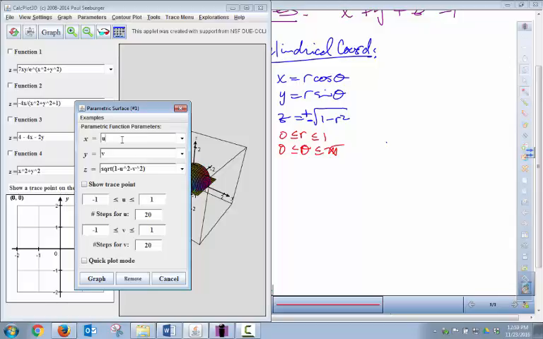So maybe I'll let r equal u. So this is u times cosine v, u times sine v, and then still the square root of 1 minus u squared, if u is equal to r. And I need to make my adjustments with the limits now. Now I have constant limits from 0 to 1, and then constant limits from 0 to 2 pi.